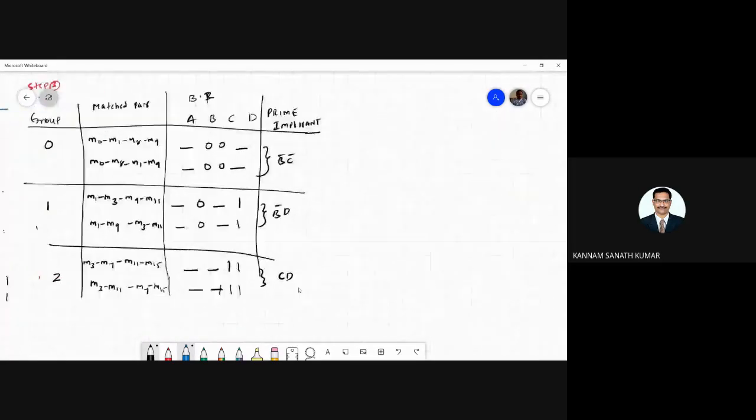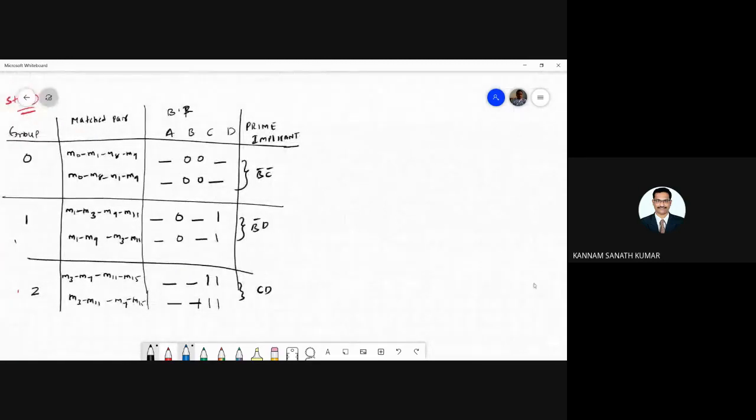So in step 4, you have to draw the prime implicant table. Okay, prime implicant table.